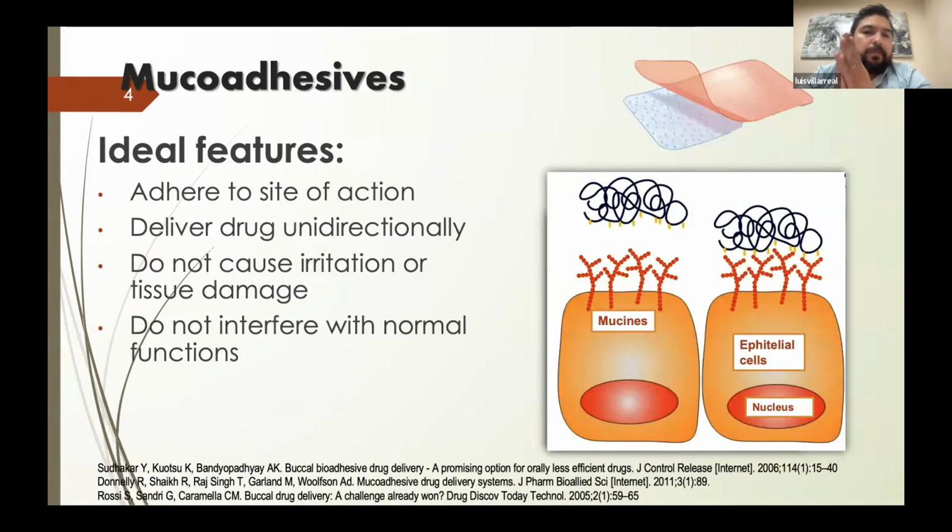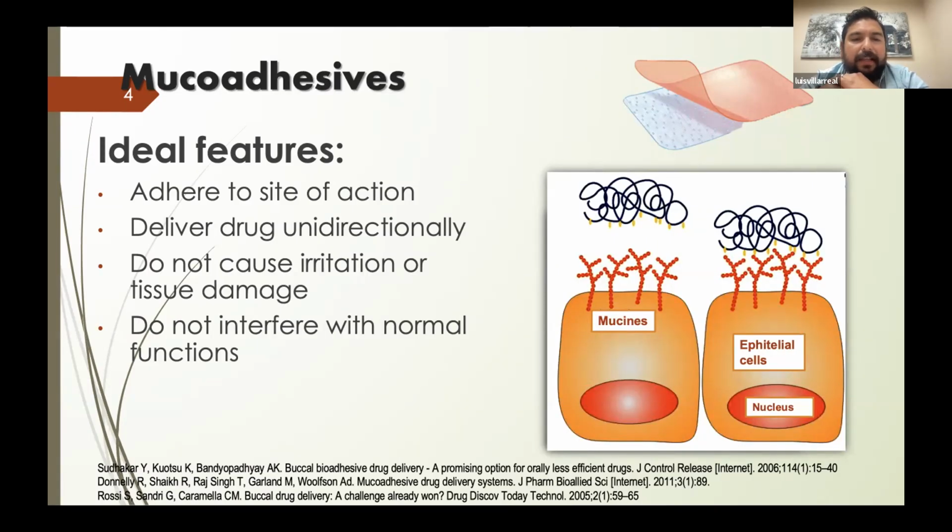Well, today I will talk a little bit about mucoadhesives that are fabricated through the electrospinning technique to be used for drug delivery systems. Some of the ideal features of mucoadhesives is that they have to adhere to the site of action. They deliver drug unidirectionally.